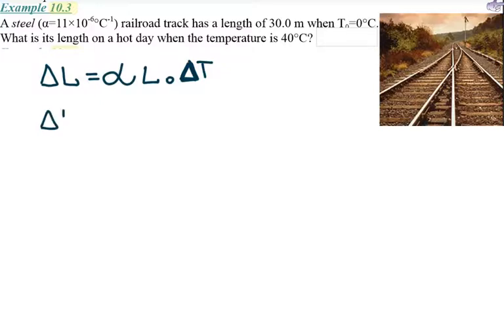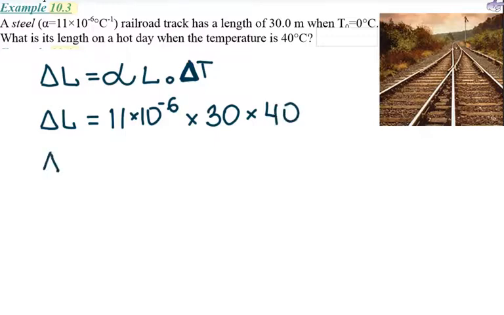So I have the change of the length is equal to the linear expansion, 11 times 10 to the negative 6, 1 over Celsius, times the initial length, which is 30 meters, and the change of the temperature, from 0 to 40 degrees.